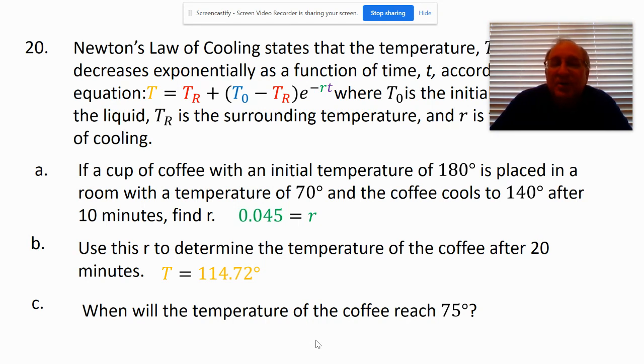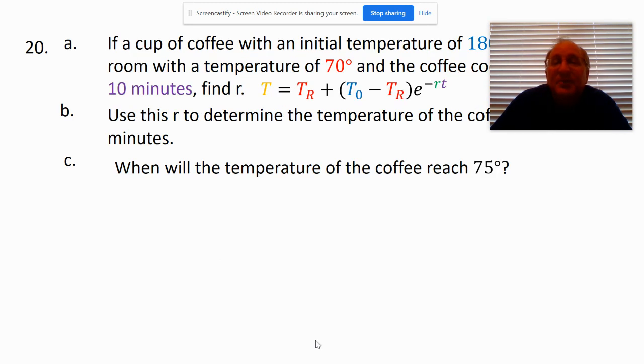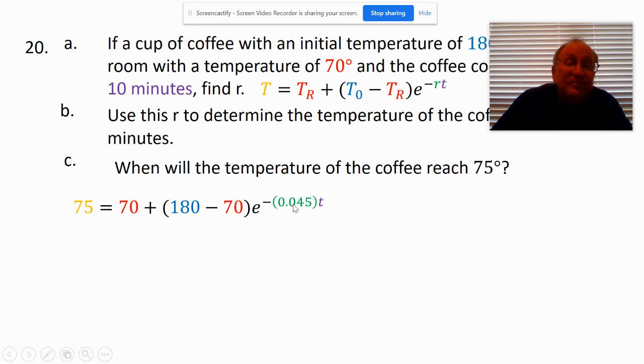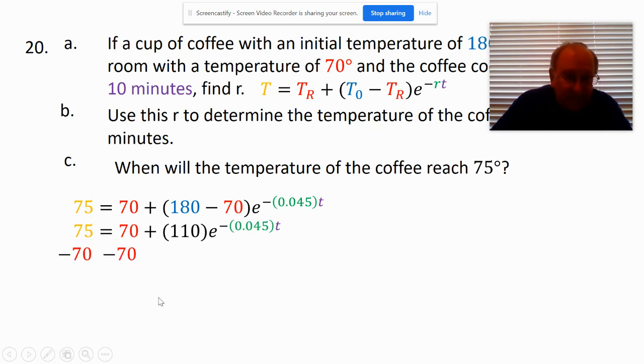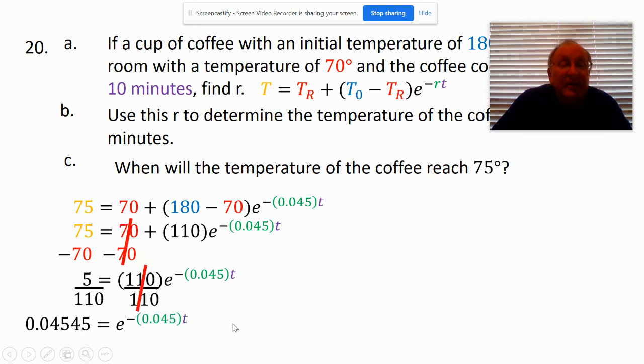So how long will it take the temperature to reach 75 degrees? I'm going to go back to the same numbers, because this time I want to find how long it'll take to reach 75 degrees. That's what I'm looking for. Same 110, minus 70 again, divide by 110. And like before, how do I get rid of e? With ln.